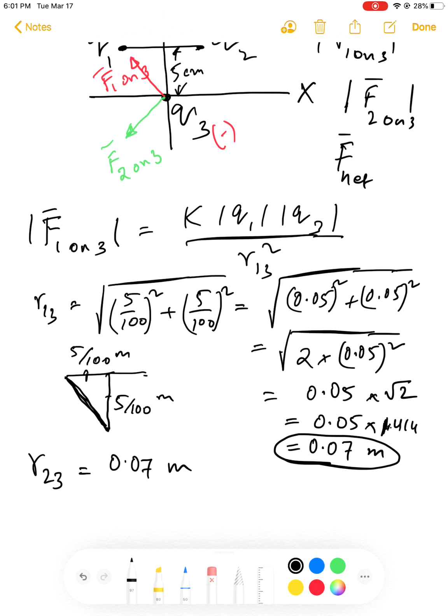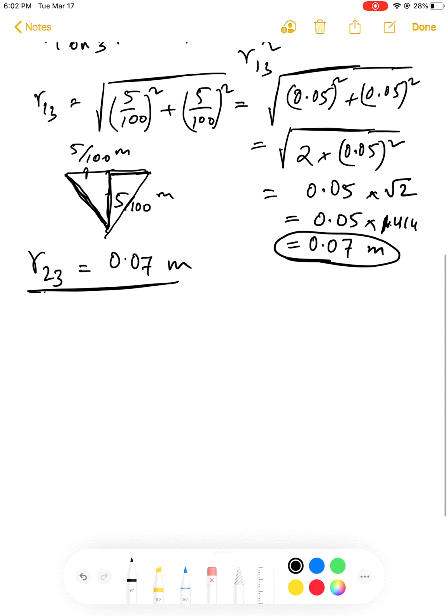Similarly, for the other side of the triangle, you still have the same base and same perpendicular to find the hypotenuse. So either way, you will always have R13 and R23. Now that you know these two distances, we can find the force magnitude of F 1 on 3, and that's 9 times 10 to the plus 9. That's the value of K, right?